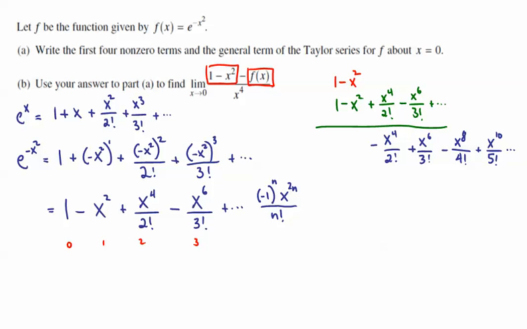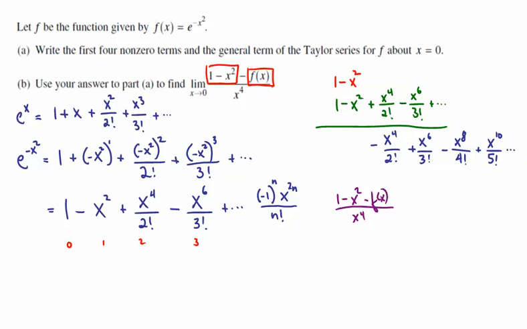Now we want to divide all that by x to the fourth. So 1 minus x squared minus f of x over x to the fourth.